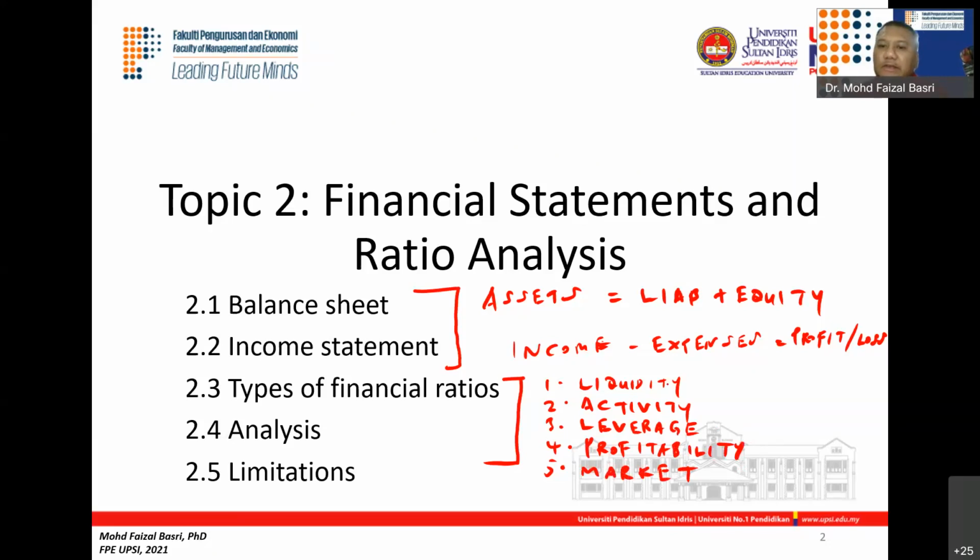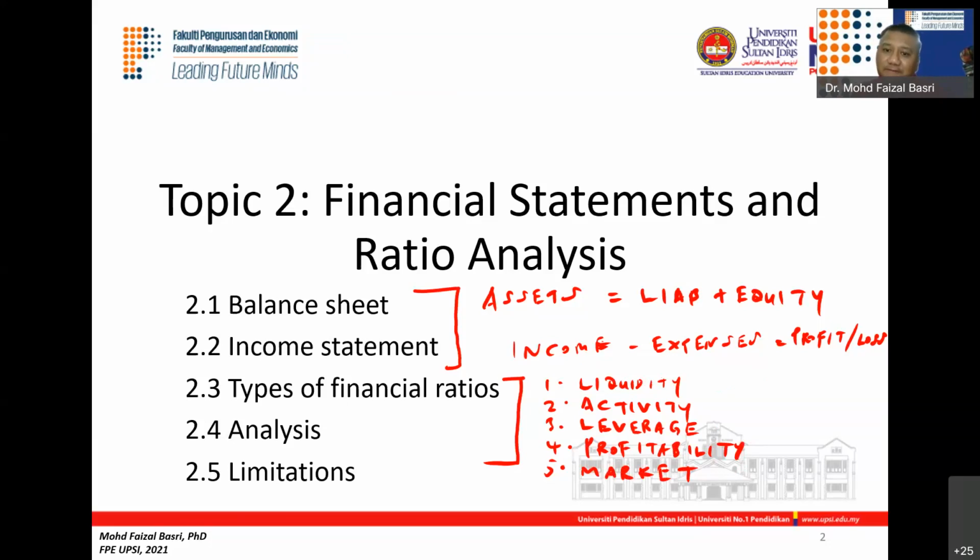Liquidity is a measurement to see whether the company is liquid enough. What does liquid mean? Liquid here refers to how easily they can convert their assets into cash.